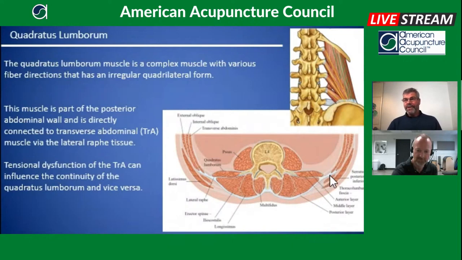Because it has such a strong connection, if there are dysfunctions, increased tension or lack of tension in the anterior transverse abdominis, it will directly affect the Quadratus Lumborum in the posterior aspect, and vice versa. Commonly, you'll see this with certain postural distortions as well. Let's get into the lateral raphe a little more on the next slide.